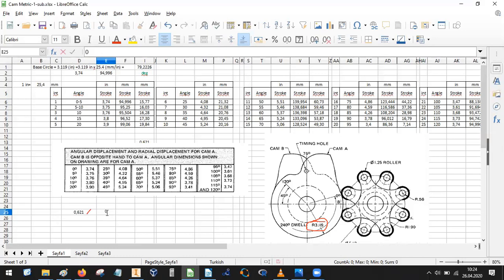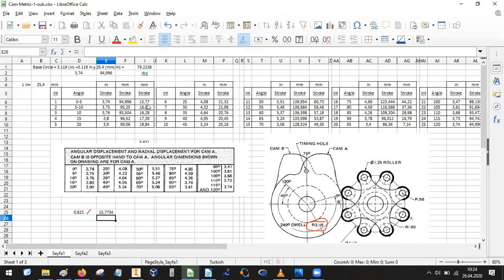I will just multiply this unit by the inch millimeter conversion. As you see, the stroke value, which you see in the first interval, it is 15.773. I have omitted that one here.